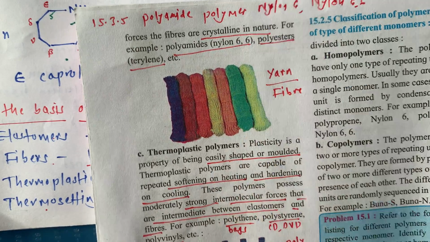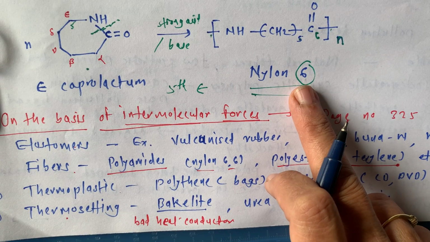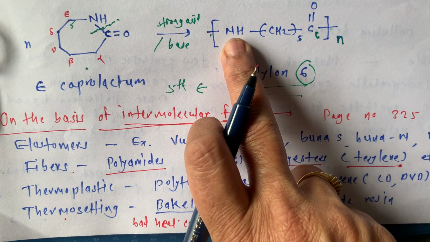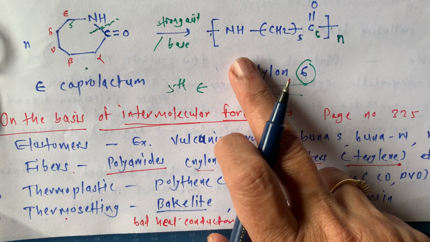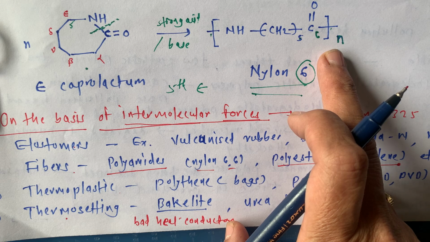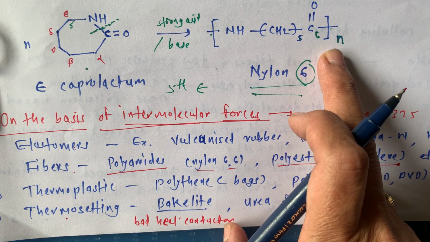Before this, in ring opening polymerization, we studied nylon 6. This is also a polyamide. See, NH is there, C double bond O, so that is the amide linkage, and so many monomers are attached to each other. So this is a polyamide.